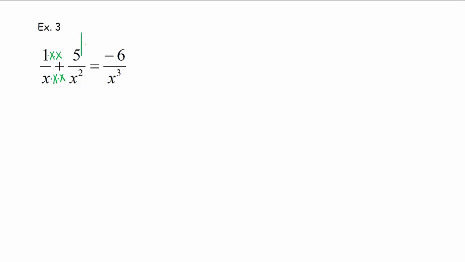The second fraction we need to multiply by x on the top and bottom to get the x cubed, and then the other fraction is fine. So this becomes x squared plus 5x equals -6 if we ignore those denominators.